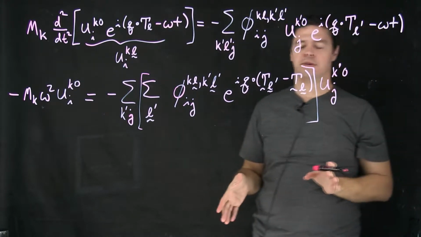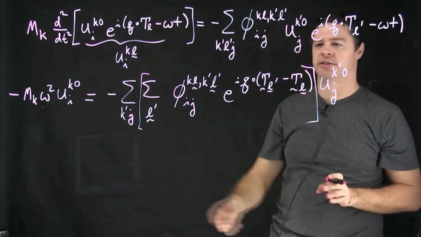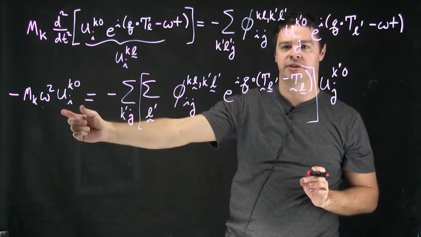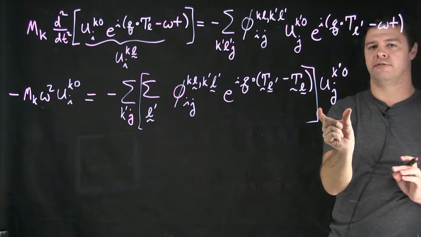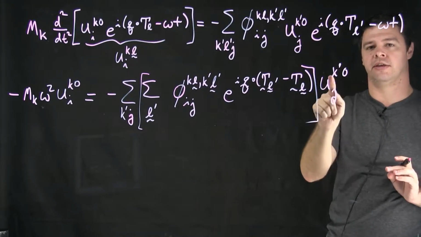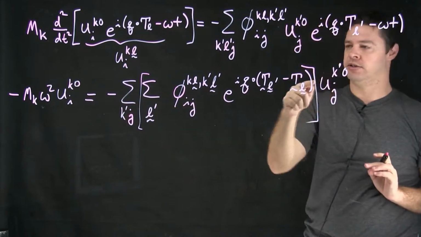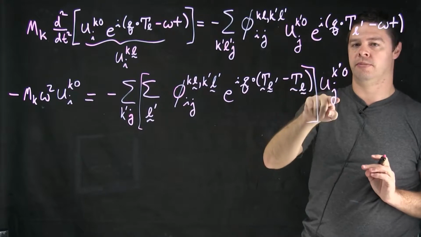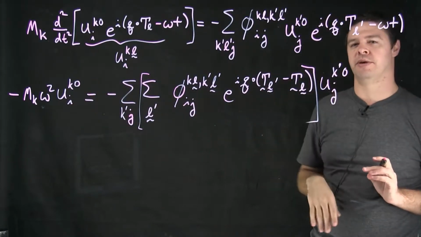I wrote this in a particular way because it's starting to look a little bit like a matrix equation. I've got some set of things that I'm interested in solving for over here, and I've got that over here as a linear factor. The only thing that's different is that the indices here are not exactly the same as the ones over here, since these were involved in the summation.